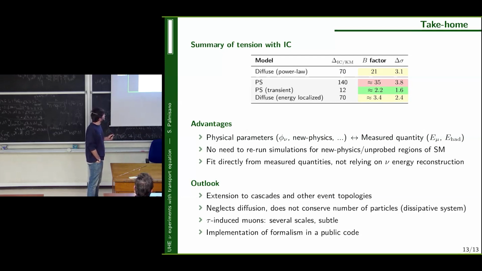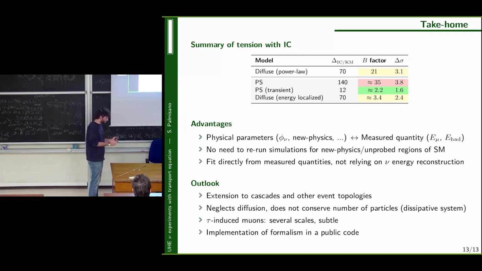One important point is that in the case of the point source, we find a larger tension than in some other work. To summarize the formalism, as I commented before, among the advantages is that you directly link the physical parameters, which can be either the neutrino flux parameters or new physics parameters, directly to measured quantities.